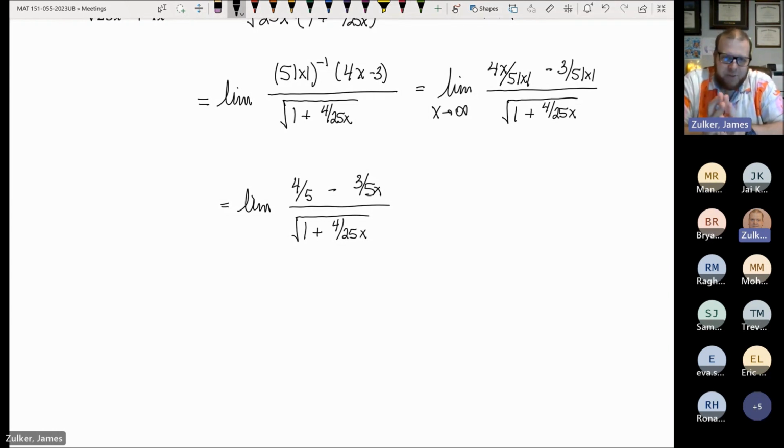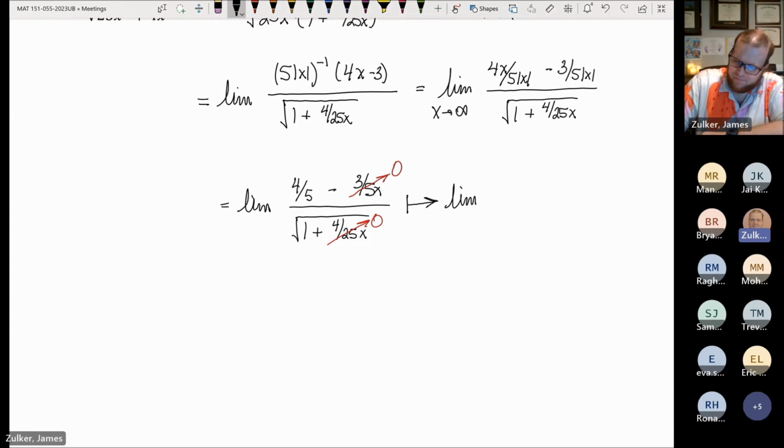That first term in the numerator would be negative 4/5 if x was approaching negative infinity, not positive 4/5. Now that term's going to go to 0, and that term's going to go to 0. So this limit's behaving as the limit of 4/5, which is just 4/5.